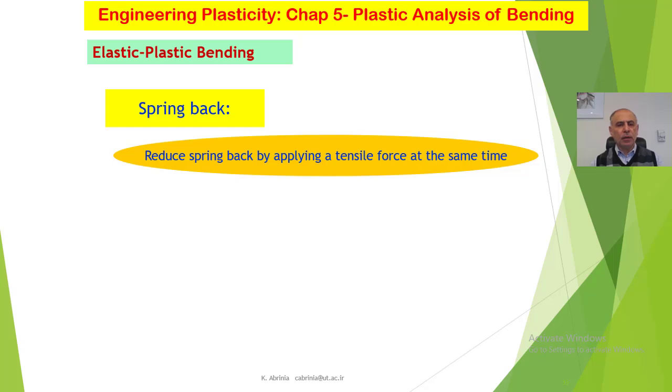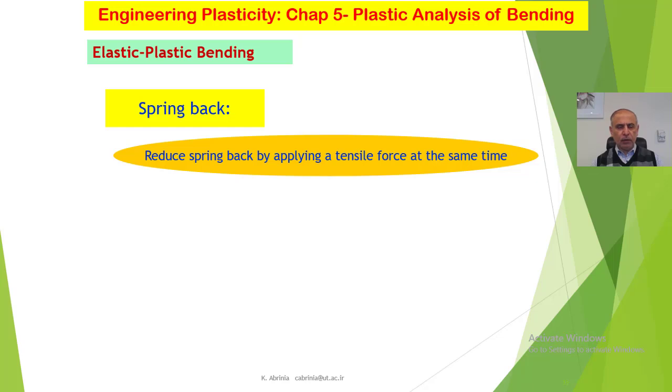Now the question may be: okay, we calculated the spring back, how do we reduce it, or how do we omit it? Sometimes we cannot reduce the spring back, but sometimes we can. Once we calculate the spring back, we can design the punch, the die and the tools so that we reach the final geometry that is desired.